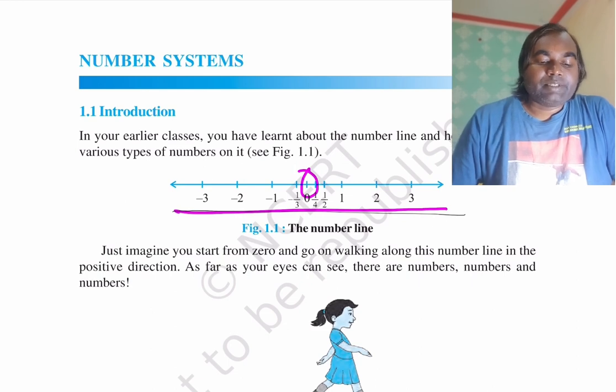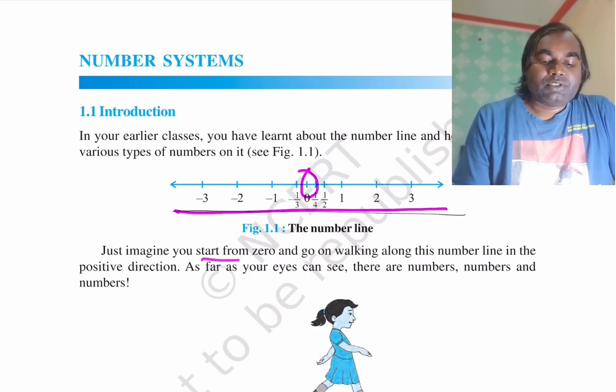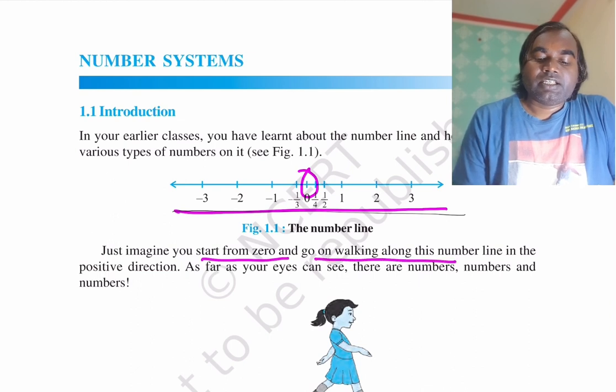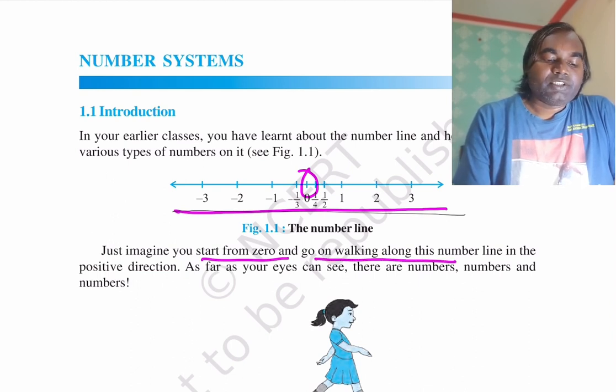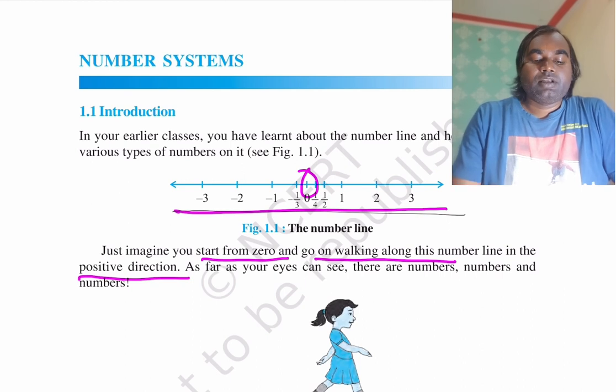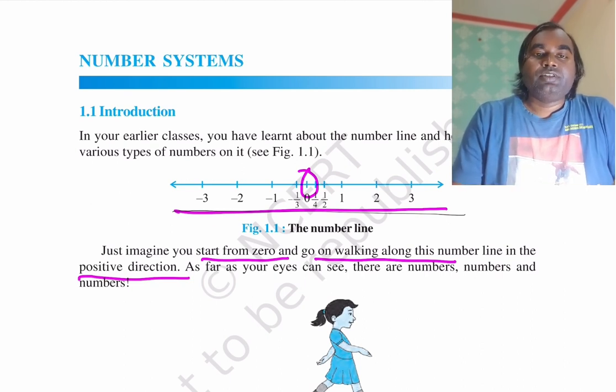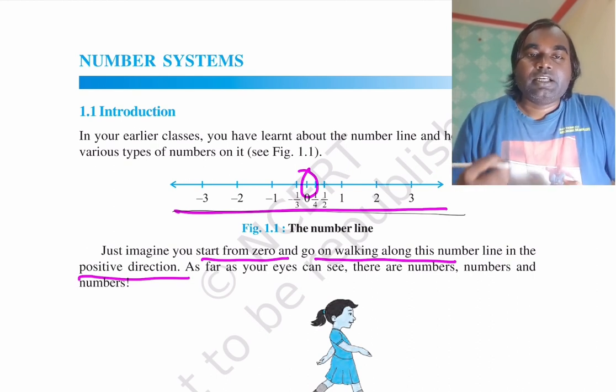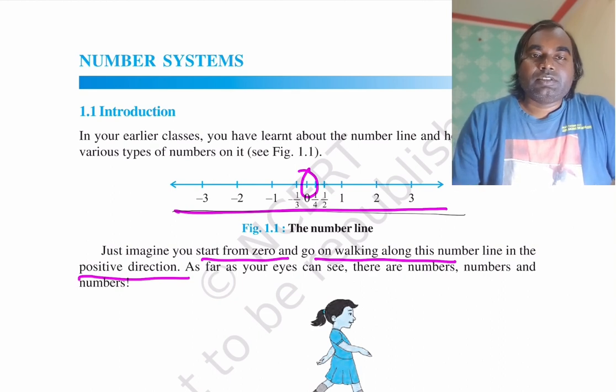Now just imagine that you start from 0 and go walking along this number line in the positive direction. As you move in the positive direction, there are infinite numbers, and these infinite numbers are of different types.